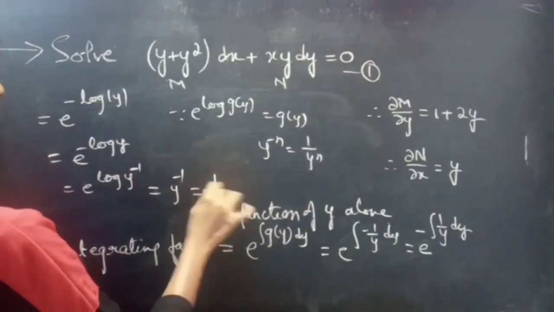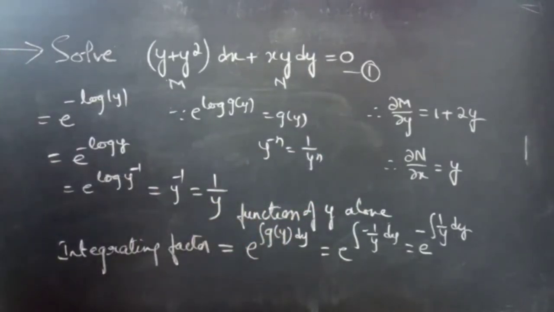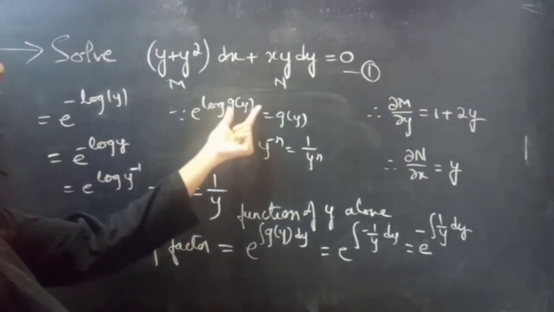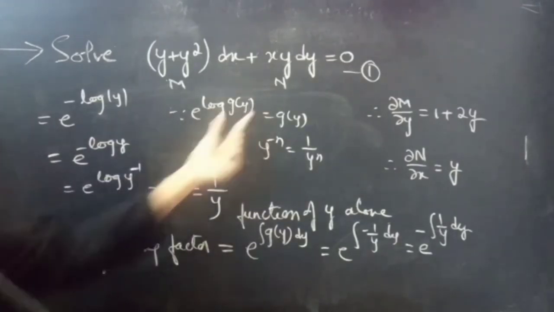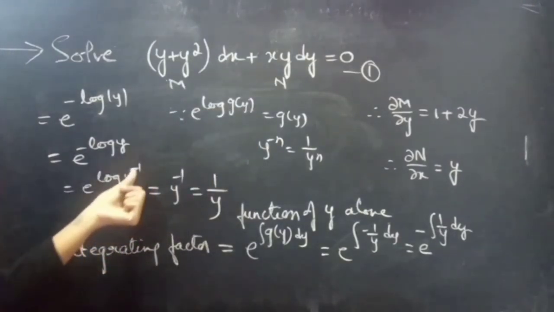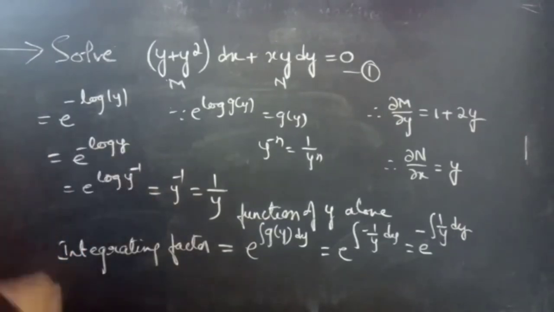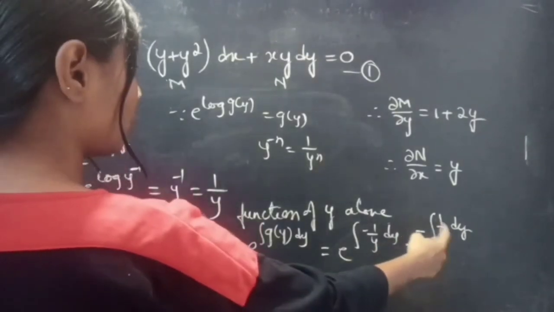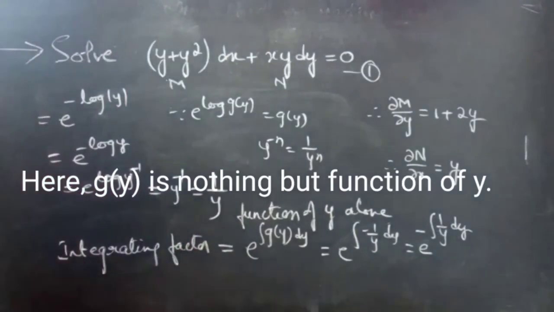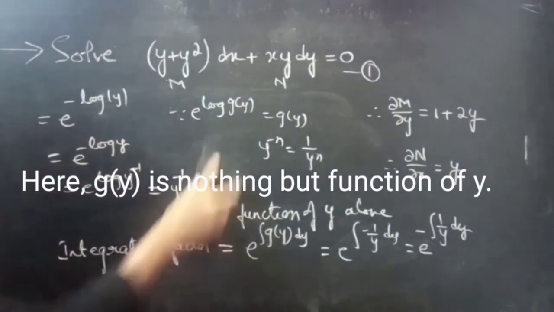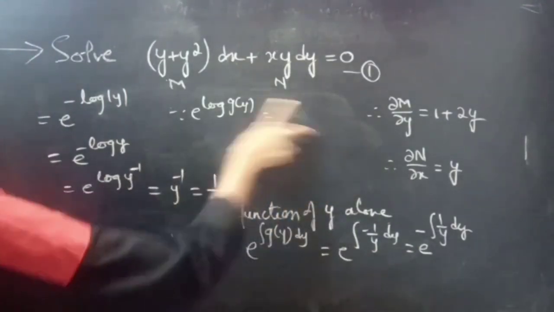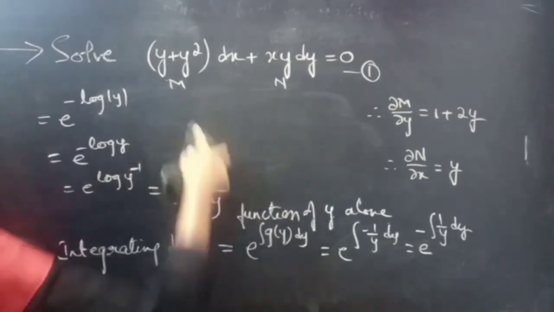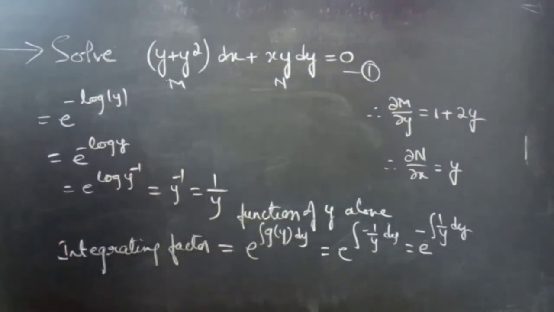Then this equals 1 by y. See here, g of y means y power minus 1, not the function minus 1 by y. So here our integrating factor is 1 by y.